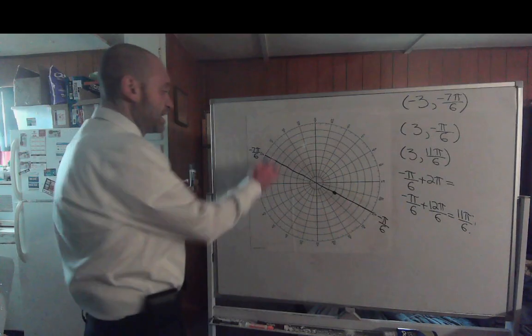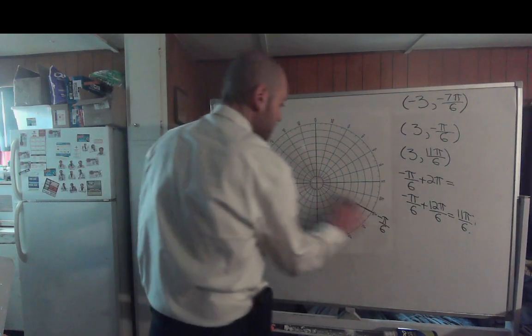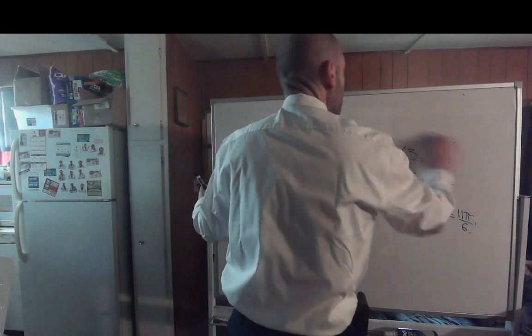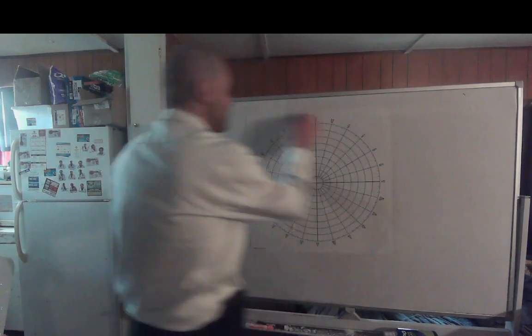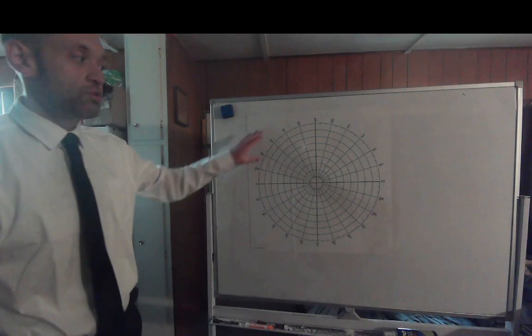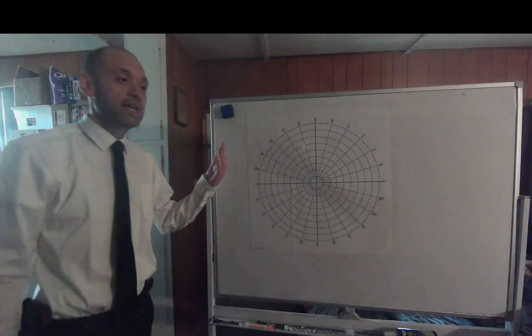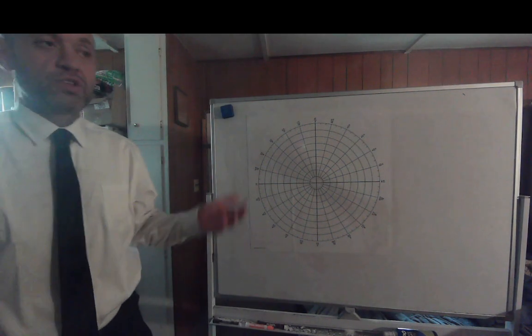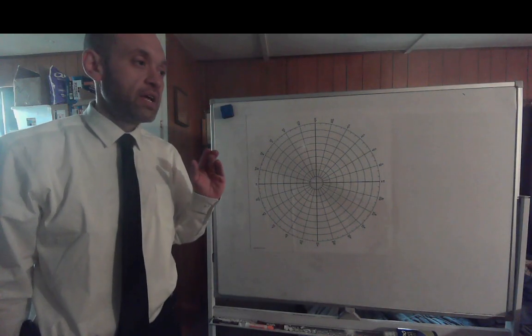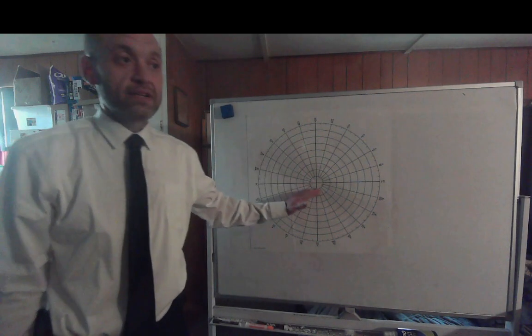You're not confined to just one way of writing it like you are in the rectangular system. So this is very good to know about adding pi, adding 2π, subtracting 2π, and how that works with your radius, because you can get this exact same point expressed different ways.